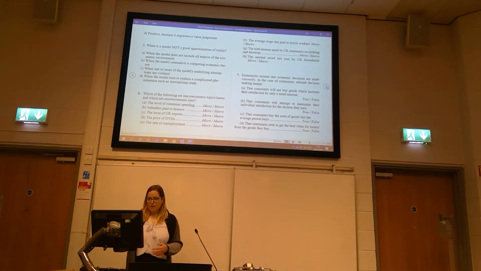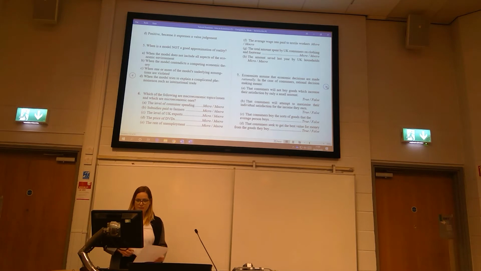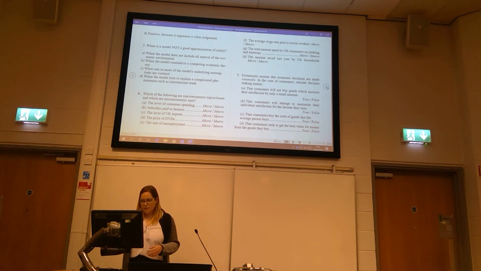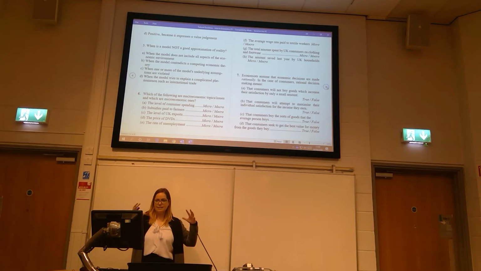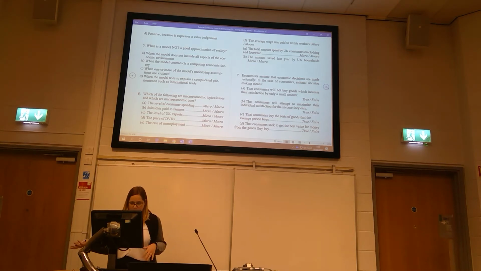Next we have the total amount spent by UK consumers on clothing and footwear. This is covering only clothing and footwear, so hence it is microeconomics. And then finally we have the amount saved last year by UK households. This is covering all UK households, hence it's covering national level savings, and it is dealt with by macroeconomics.